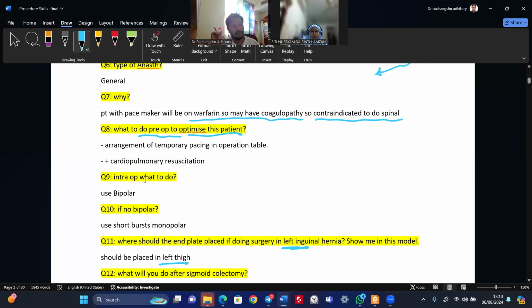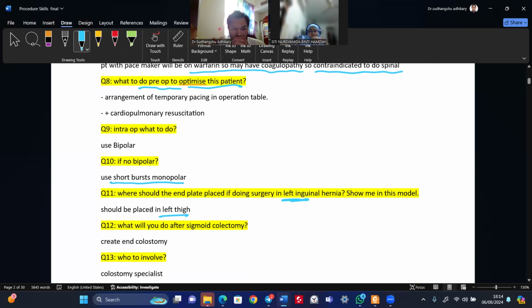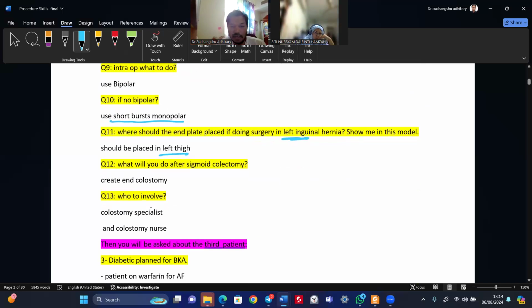If bipolar is not available, use short burst monopolar. Where should the end plate be placed if doing surgery for a left inguinal hernia? Under the left thigh, on the same side, as near as possible.